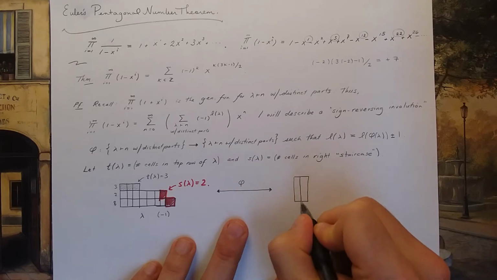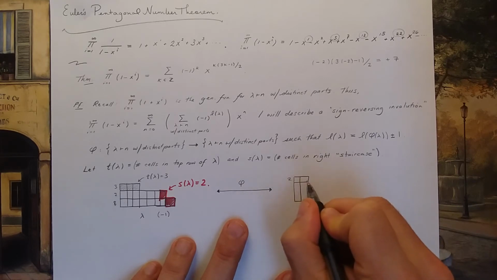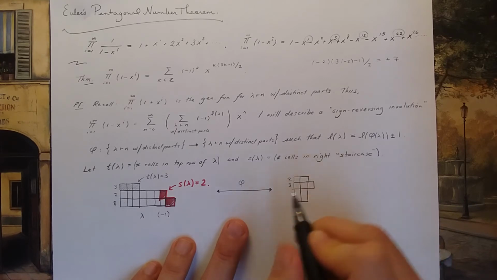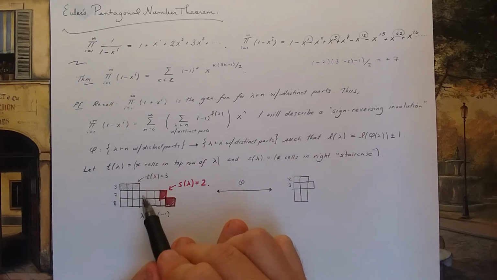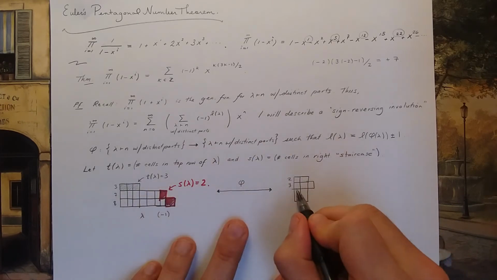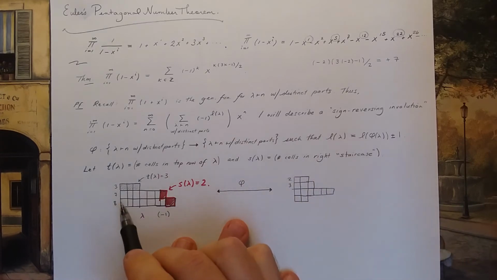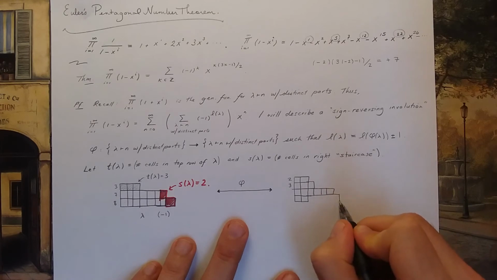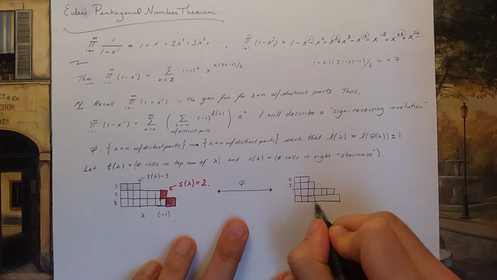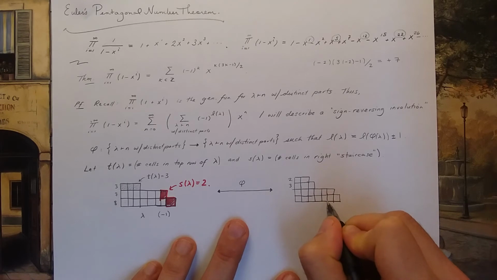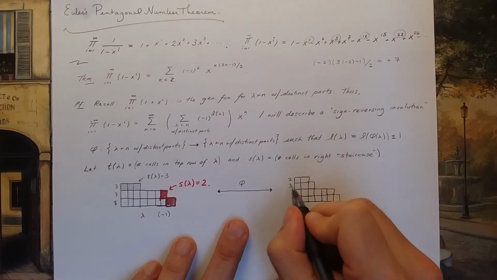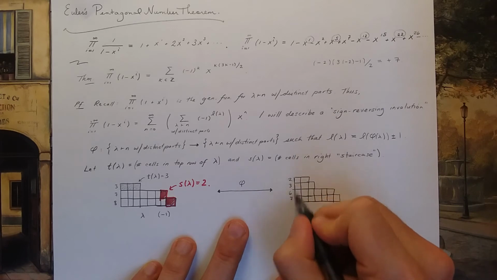It's going to be 2, then 3, and then 6, because I'm going to remove the stairs. I'm only going to have 6 cells here, and then I think I'm going to get 7 cells underneath that. So I'm going to get 2, 3, 6, and 7.